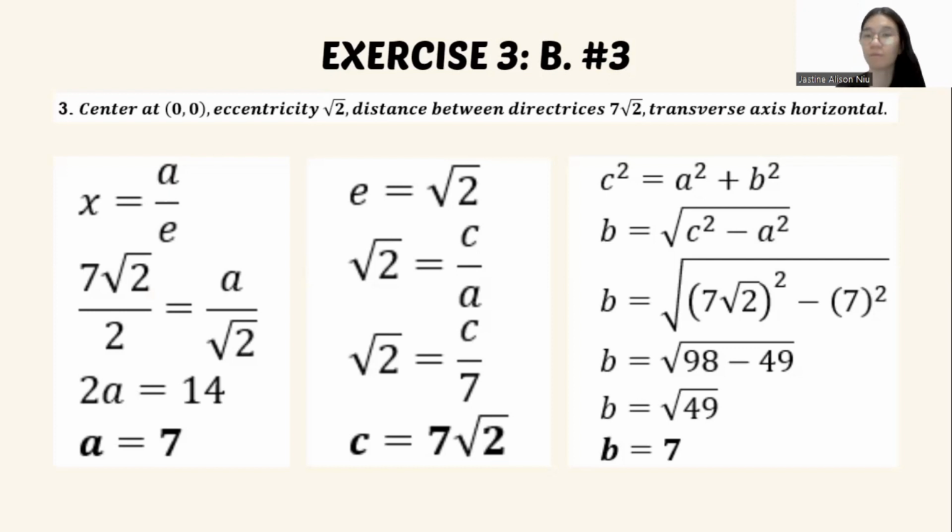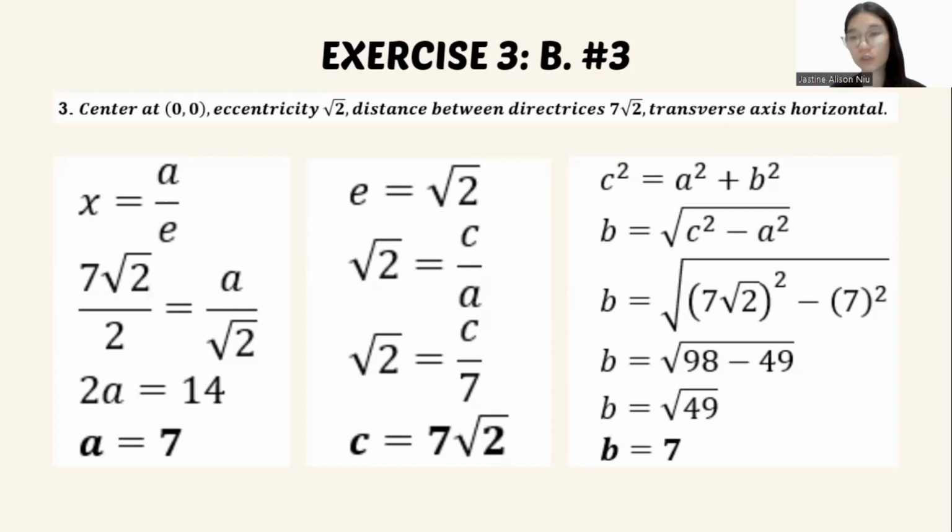Then lastly, we already have the two letters and the only thing that is missing is letter B. So we are gonna use the Pythagorean theorem, which is c squared equals a squared plus b squared. So we are gonna find the letter B. So B equals square root of c squared minus a squared.